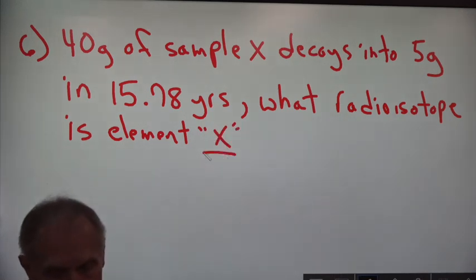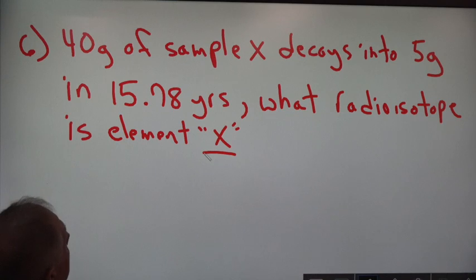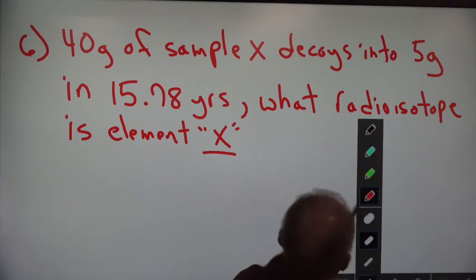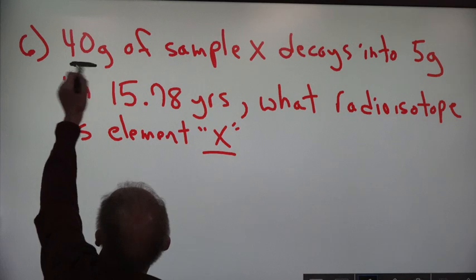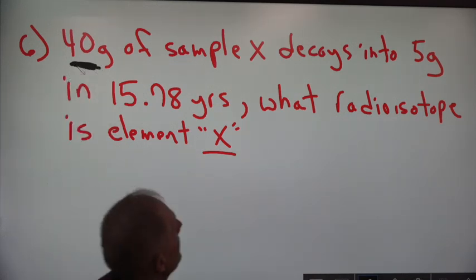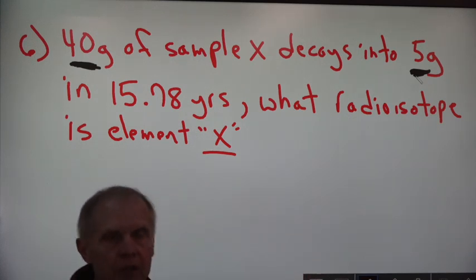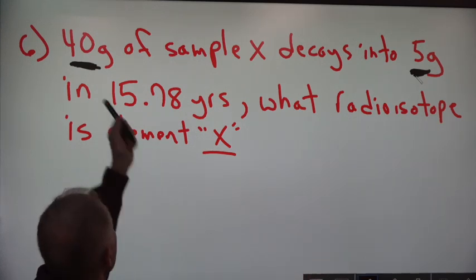Now, we have to find out what radioisotope element X is. Well, look what I gave you. I gave you our starting mass number and the ending mass number. So the first thing you can do, fingers again, so 40.